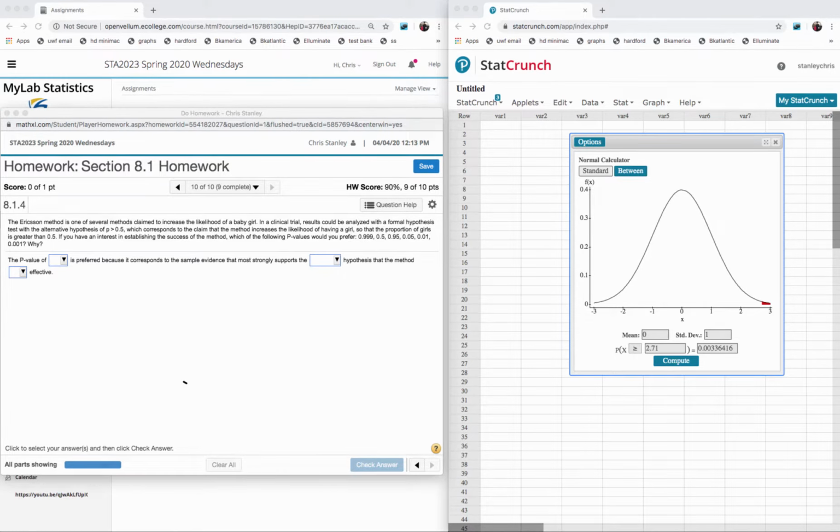Okay, and last one, Dropbox. If you want to establish success, we would want a low p-value.